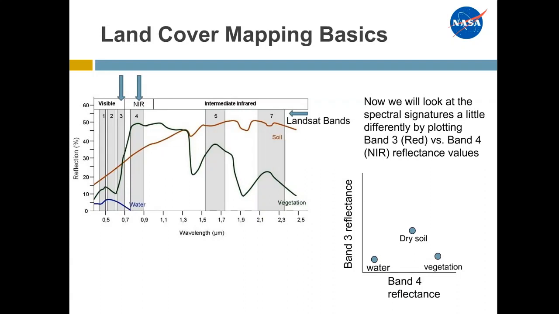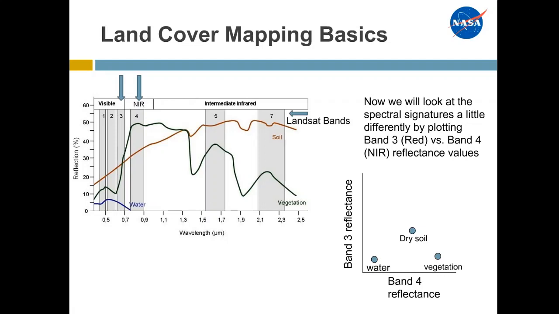On the left, we see a graph of spectral signatures for soil, vegetation, and water. You can also see the corresponding Landsat bands to the wavelengths that are on the x-axis. In order to understand how image classification works, we need to look at the relationship between the spectral signatures and the bands in a little different way.